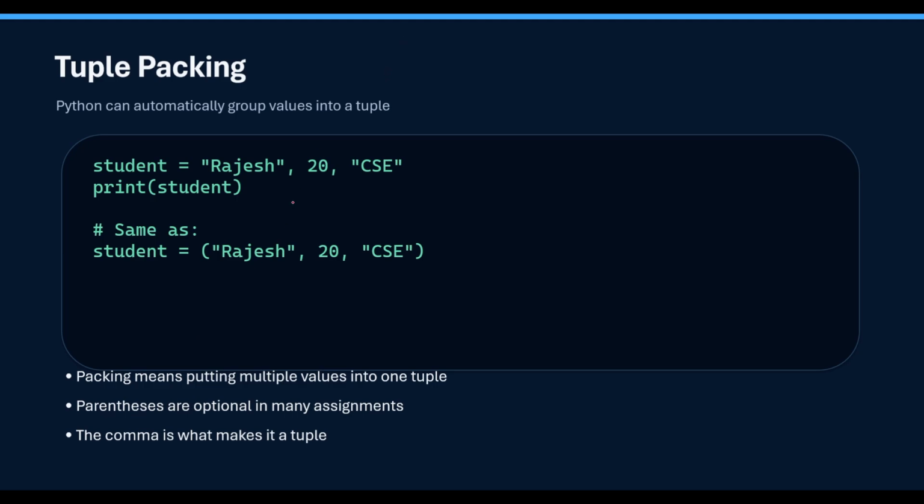So this first value and this value will be equal. This is how packing works. Packing means putting multiple values into one tuple, and parentheses are optional, as we have already seen. It's just comma separated values.